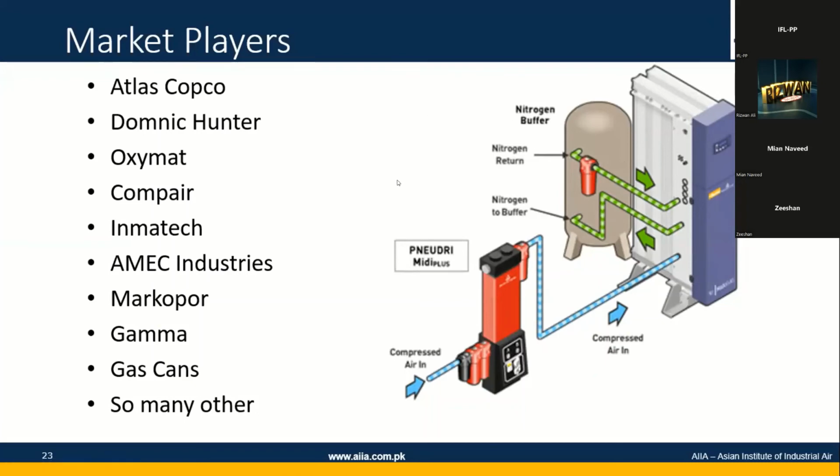These are basically the Turkish origin manufacturers, and then Gamma, Gascans, and so many others. So I just wanted to tell you that there are many players who are manufacturing nitrogen and giving PSA technology solutions to the general industry.